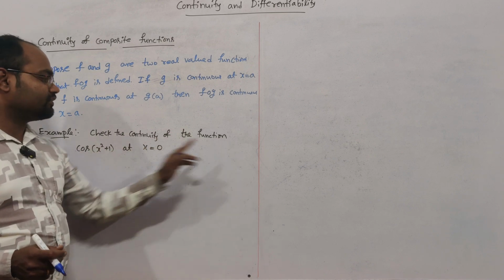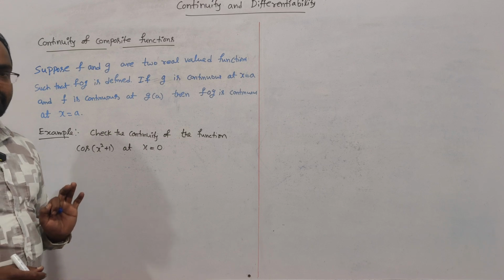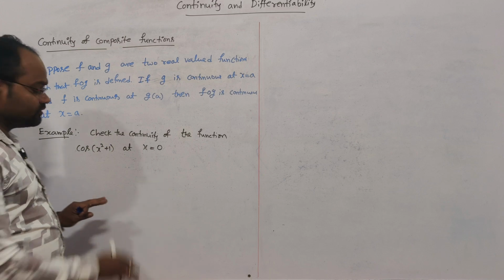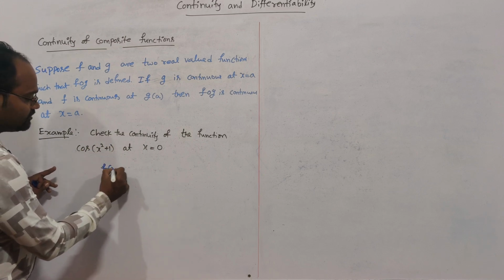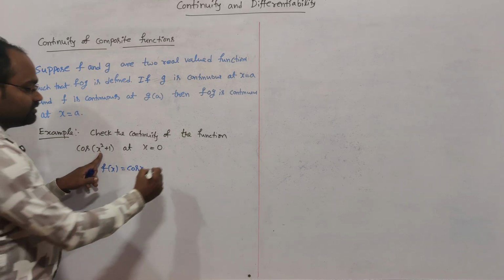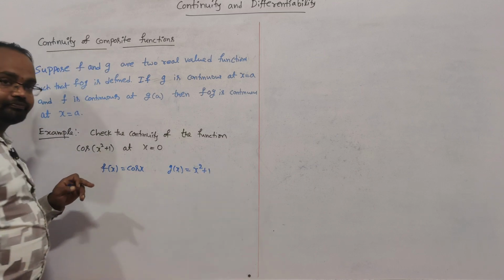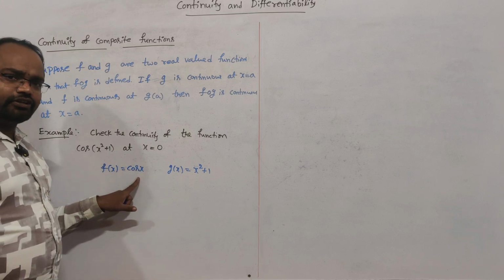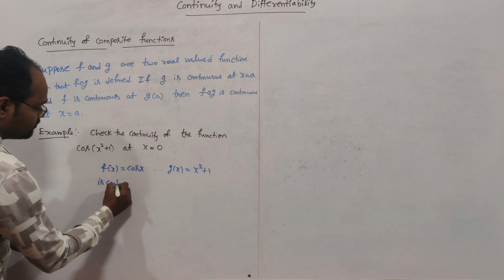Check the continuity of the function cos of x square plus 1 at x equal to 0. Now see how this function can be written. This is the composition of two functions. If we take f composition g, f of x is the cos function, that is cos x. g of x is the polynomial x square plus 1. Since cos x is a continuous function everywhere, it is continuous at x equal to 0.